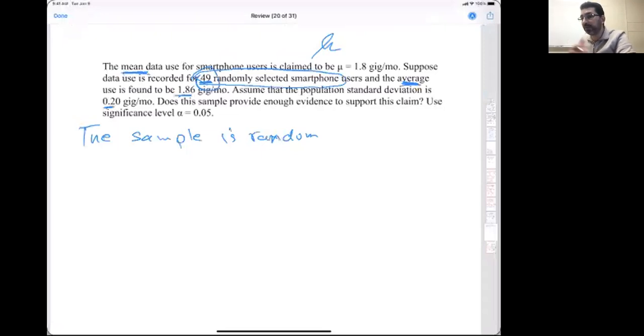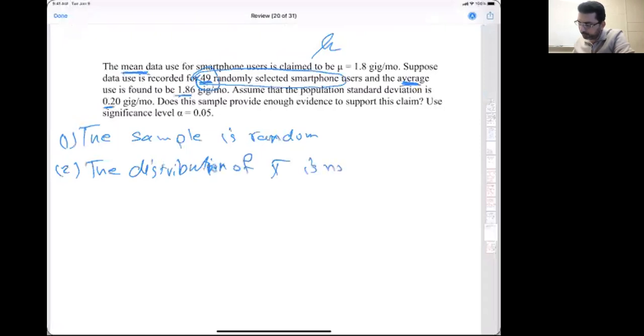So we can apply the central limit theorem. So the distribution of X bar is normally distributed. So this is the first one. The second one, we say the distribution of X bar is normal according to the central limit theorem.